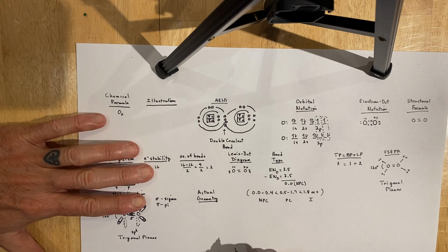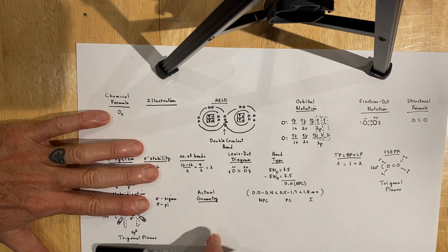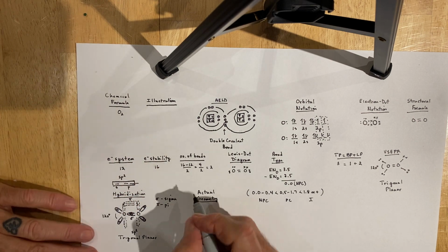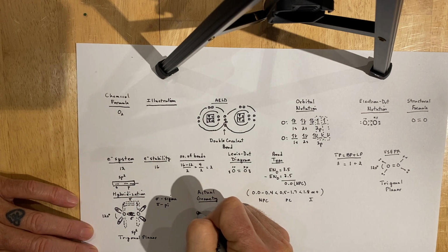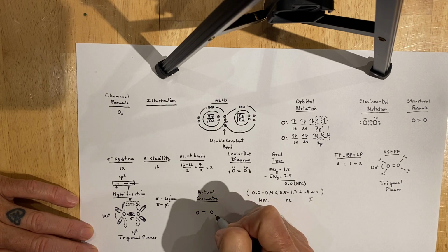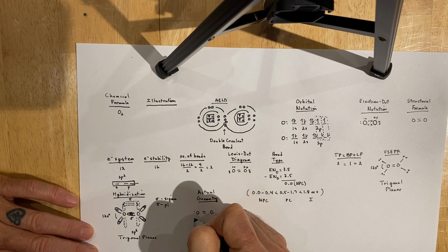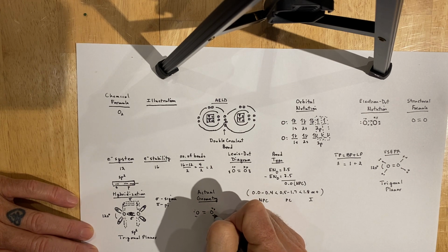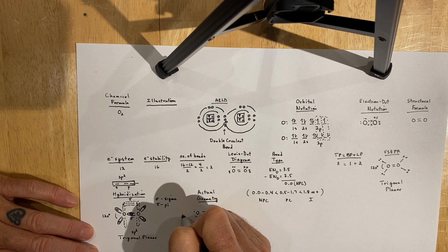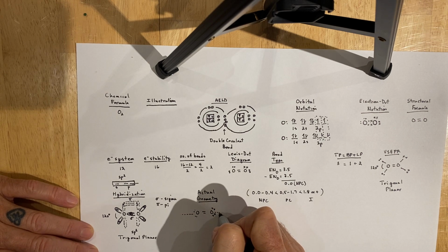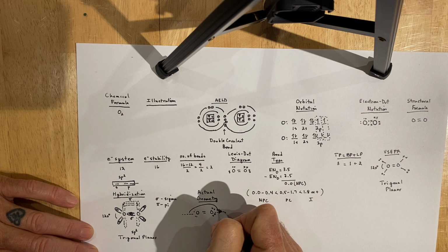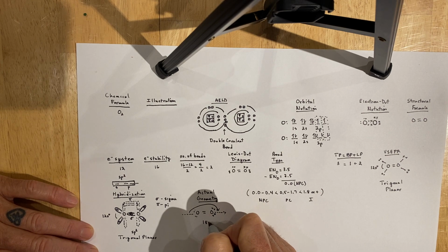In the actual geometry, we cover up lone pairs and only look at bonded pairs. And again, 2 points clearly form a straight line with a bond angle of 180 degrees.